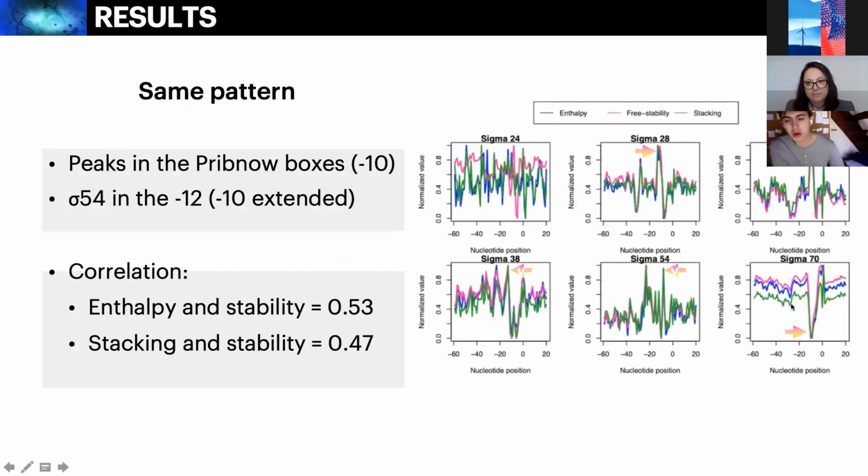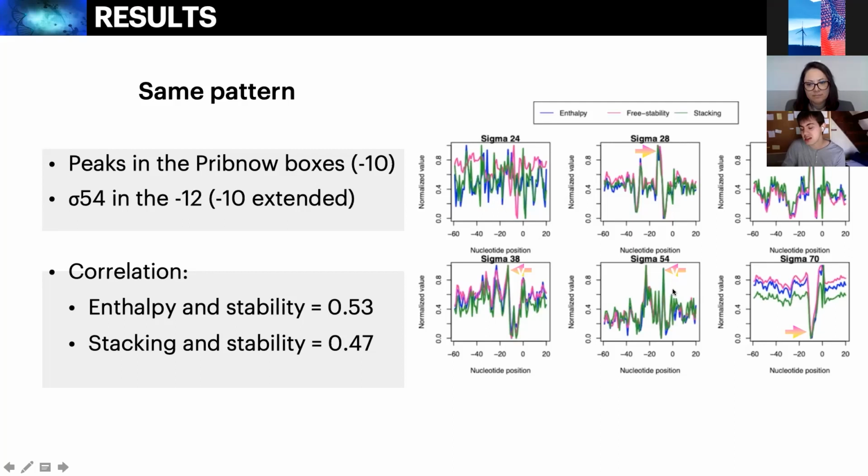When we move to other sigma factors, we can see that the figure is slightly different. Let's focus here, for instance, on sigma 28. This peak here matches the binding site of transcription factor proteins, in that case, the sigma factor, -10. And the -10 is visible in all of the families that we have here.